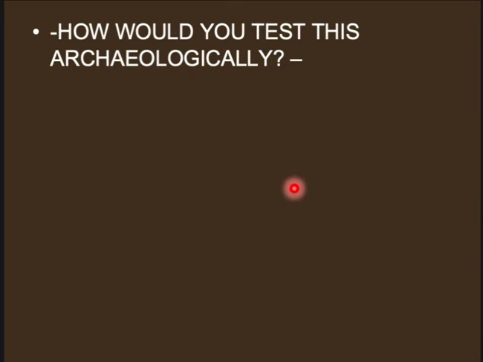So Wittfogel's hypothesis does not explain the origins of the state in Mesopotamia, because the state appears first, and large-scale irrigation appears later. They needed to irrigate, yes, to survive, but it was irrigation that was done on a community-by-community level, and did not require leadership from the top. Okay, so that doesn't explain it.